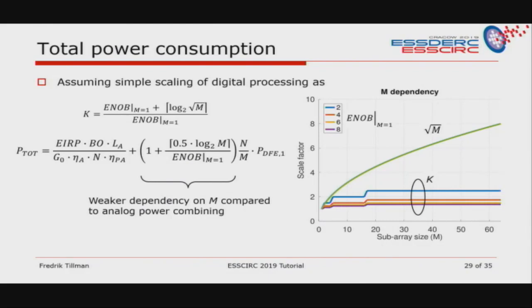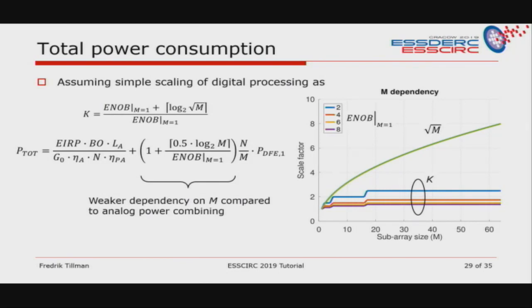What's interesting to notice here, if we now compare the square root of M as we had in the analog domain to the K factor that we have in the digital domain, is what will happen for large arrays. You see that it's very advantageous to go digitally for large arrays, because when you combine multiple streams into your transceiver, just doubling dynamic range, you add a bit basically in the digital domain, whereas in the analog it grows much faster.